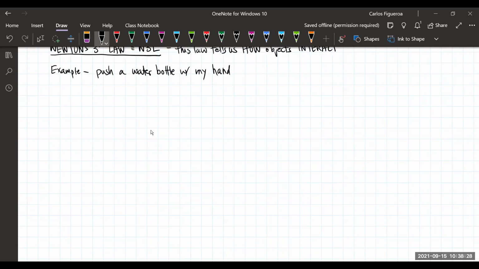So if I look at this, here's what I'm seeing. I have my ground right here, and then I have my water bottle. I imagine that here's my bottle, and of course, because this is a water bottle, it has to have water in it.